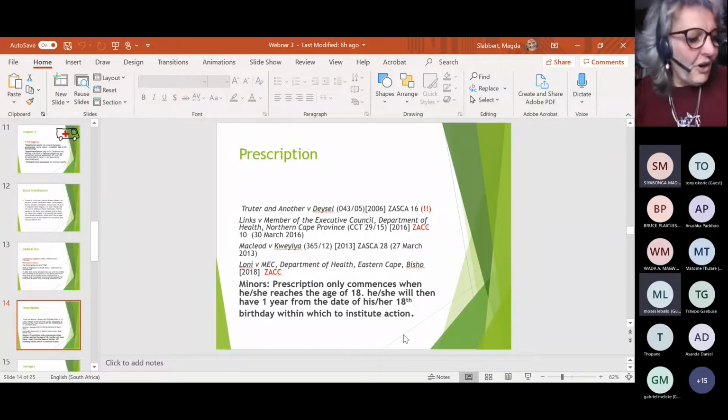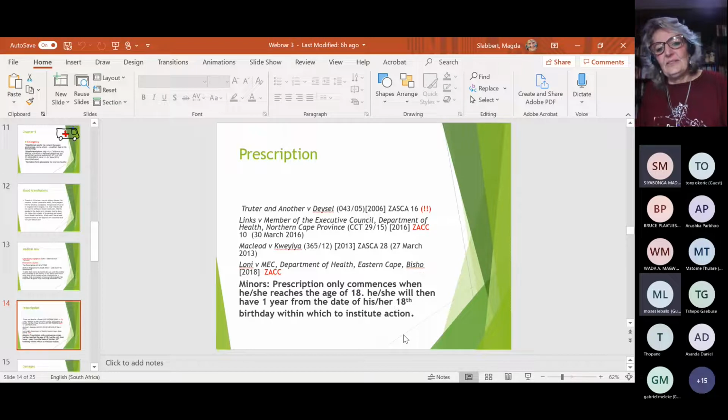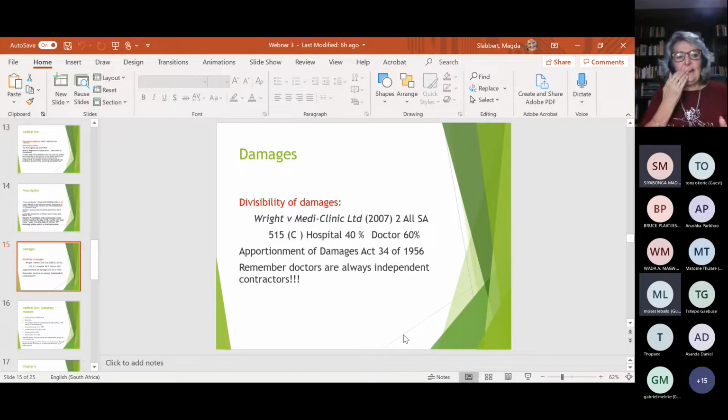Can you remember that scenario that I had, that the little boy was 6? In other words, prescription will only start when he turns 18, and then he still has a year from his 18th birthday to institute action. So just take note of prescription. If you are for the defendant, then you will like claiming prescription, but just make sure of your facts. And of course, the court can overrule it depending on the circumstances.